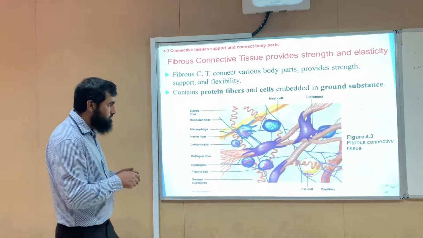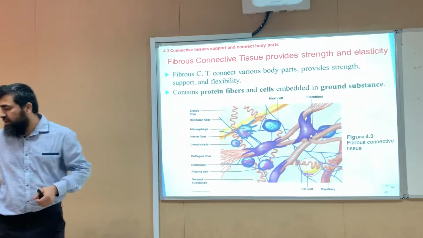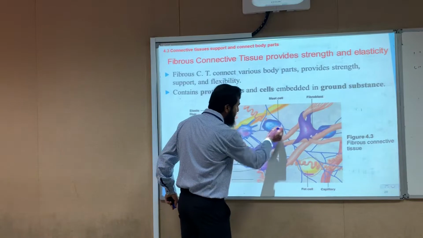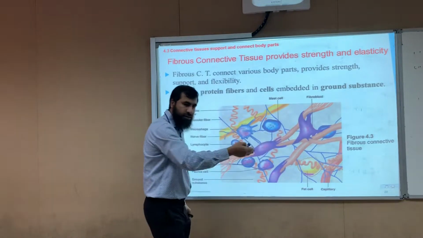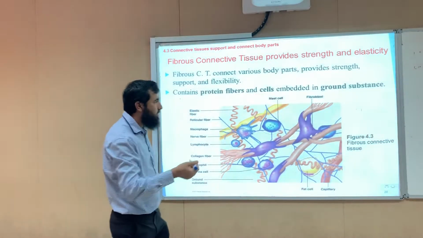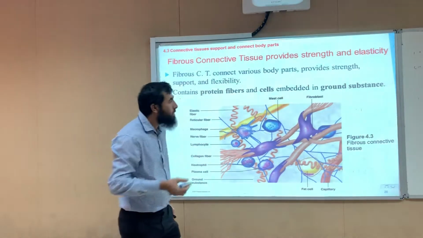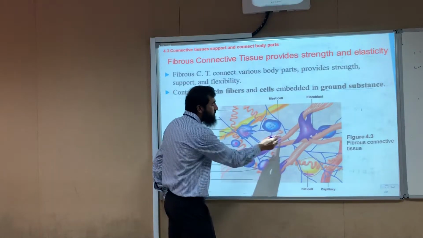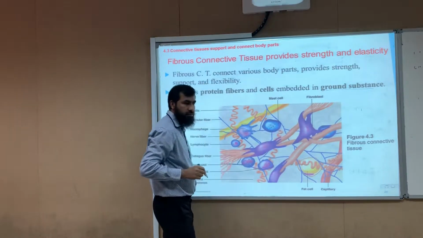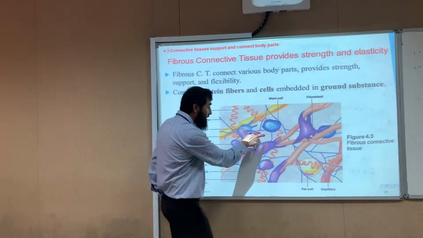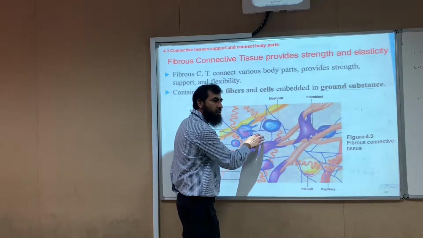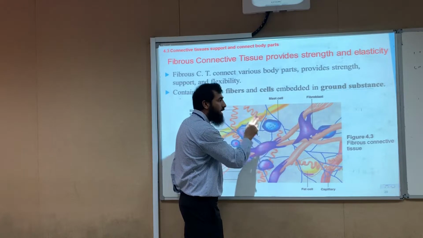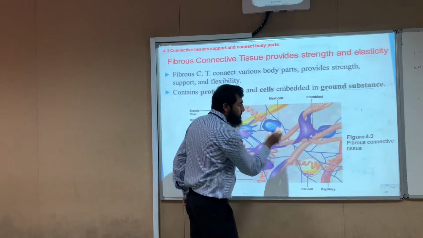Okay, so remember we have the extracellular matrix. You've got the cells, so here are the cells. Anything outside of the cell is extracellular matrix. It's non-living. So the ground substance is actually everything except the fibers, okay? All the water, the ions, and the proteins in this ground substance are the ground substance, except the protein fibers.